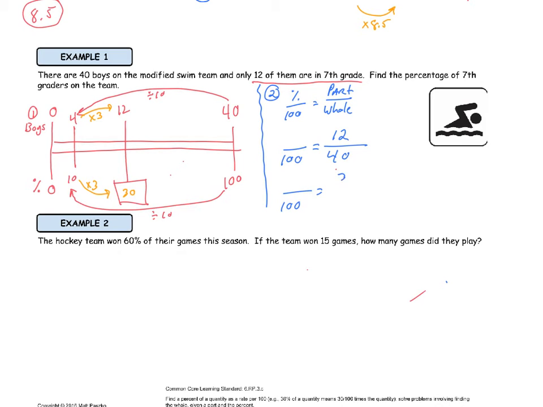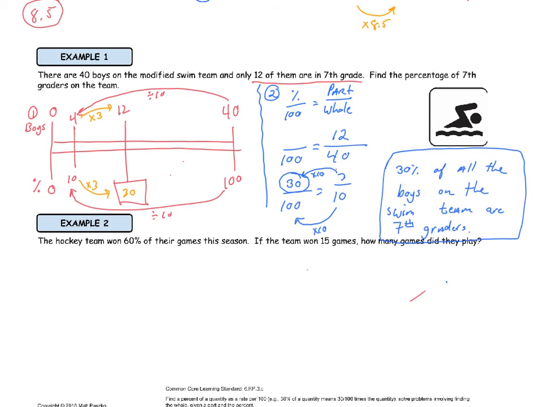So that becomes 3/10 here. I know that 10 times 10 is 100. 3 times 10 is 30. And there it is again. 30% is our answer. I wrote 30% of all the boys on the swim team are 7th graders.